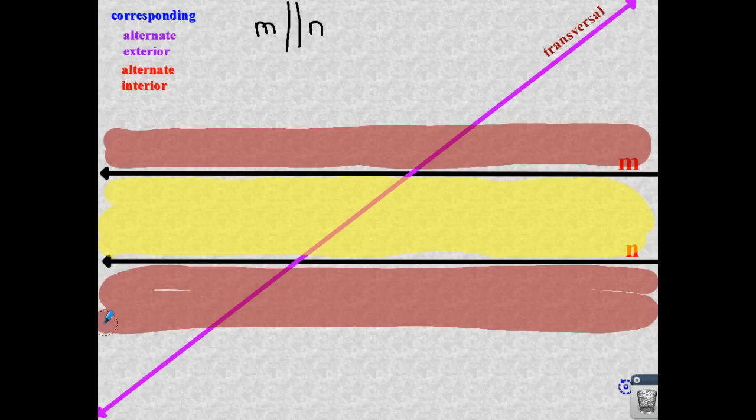And that means we're going to have those 4 remaining angles. We have one angle, 2 on the exterior of the parallel lines, and then we drop down to the bottom, we have angle 3 and the 4th angle also located on the exterior.